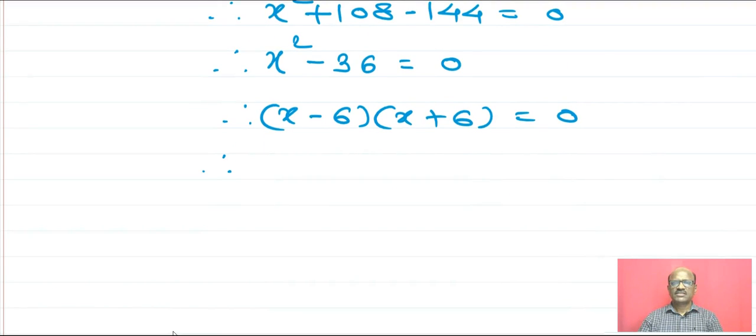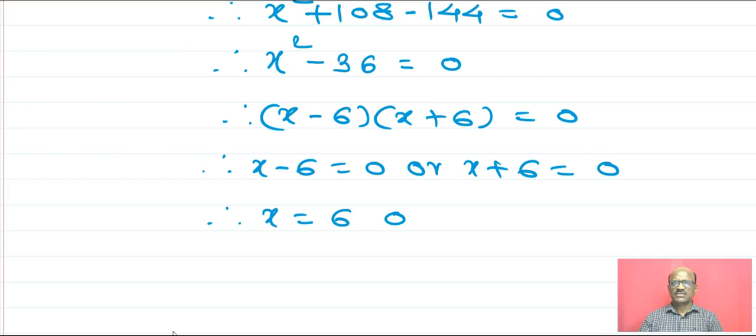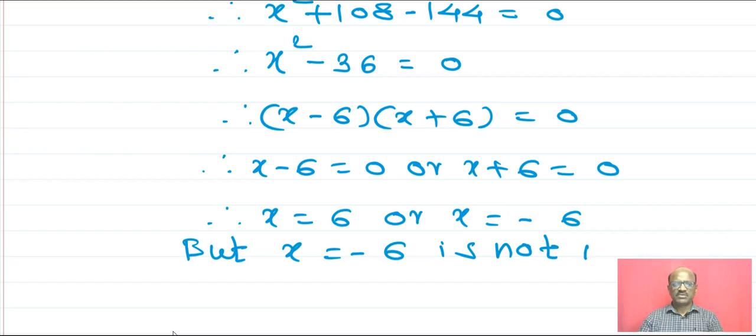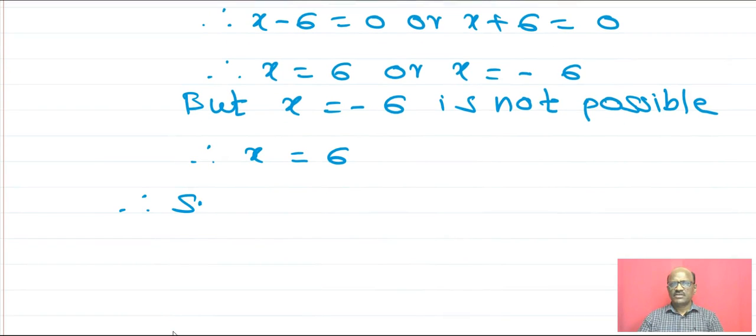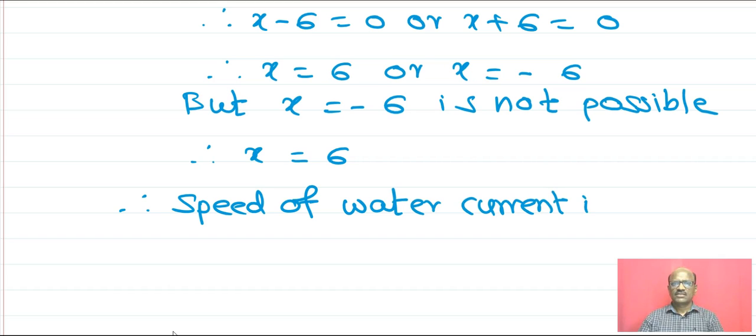Therefore, (x minus 6)(x plus 6) equals 0. Therefore, x minus 6 equals 0 or x plus 6 equals 0. Therefore, x is equal to 6 or x is equal to minus 6. X equal to minus 6 is not possible. Speed is not negative. Therefore, we take x equal to 6, which is the speed of the current. Speed of the water current is equal to 6 km per hour.